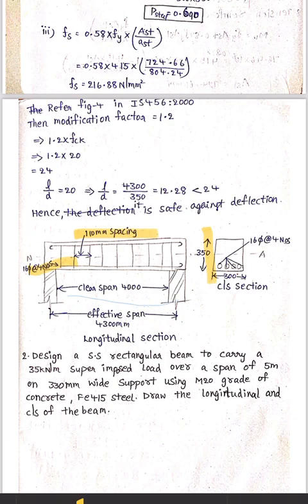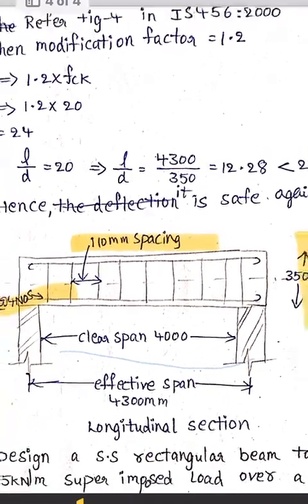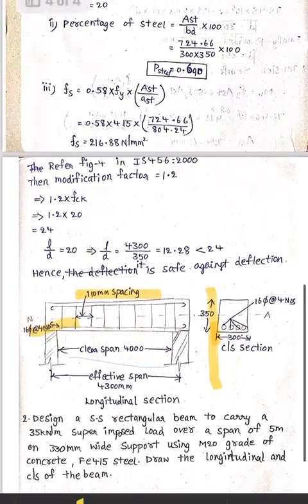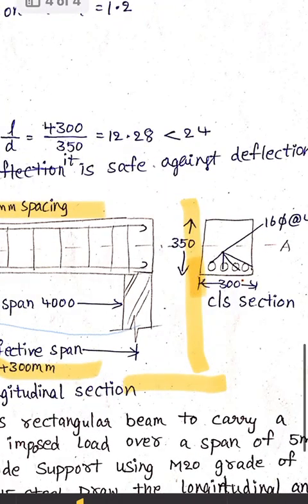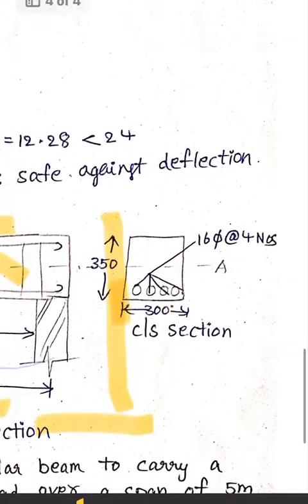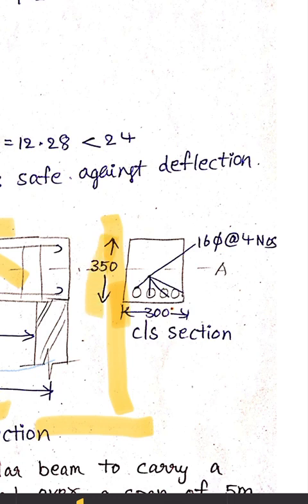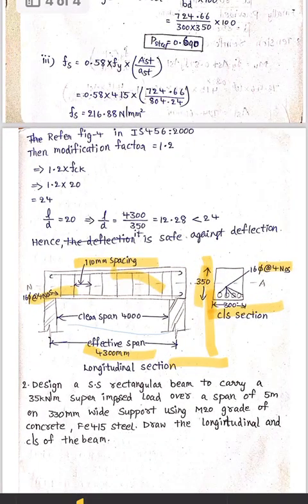And finally, we determine the bar spacing is 100 mm. Here the main thing is the span of beam, and 16 mm diameter bars in an under-reinforced section, and the cross section will be provided. Thank you very much. Next class will be determined by some more videos.